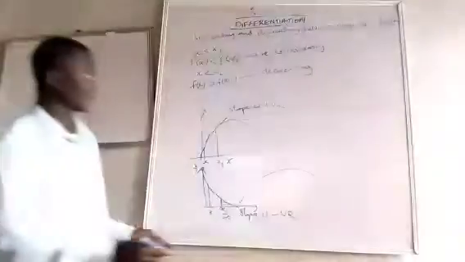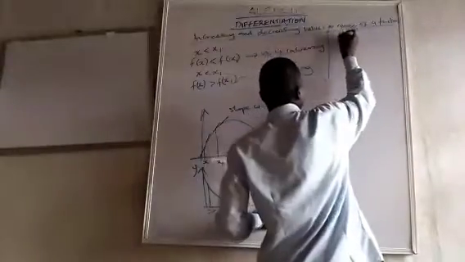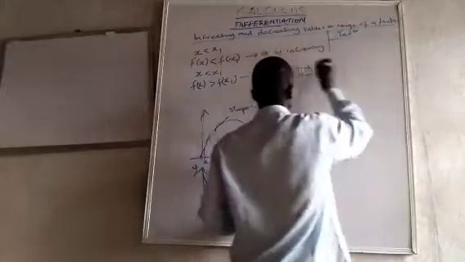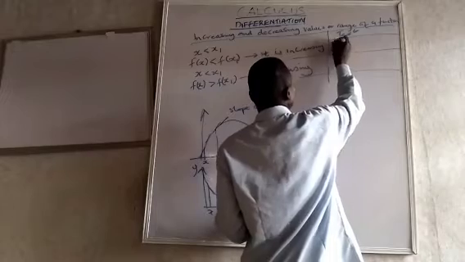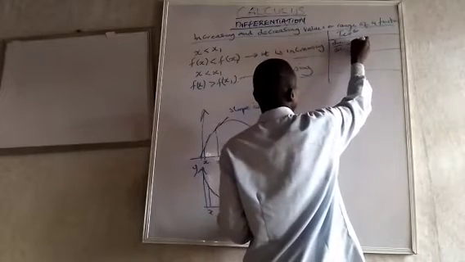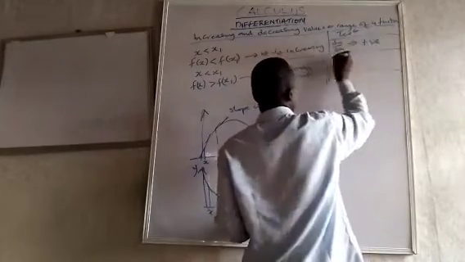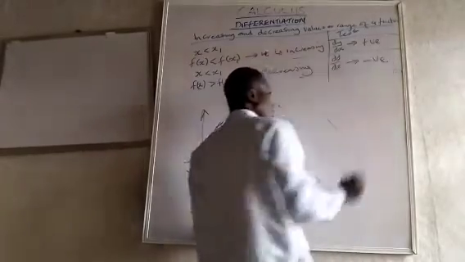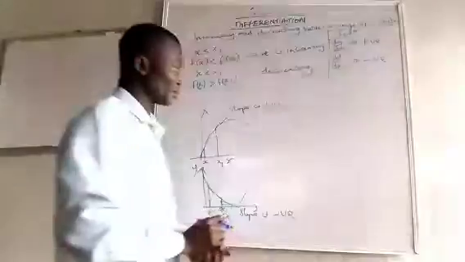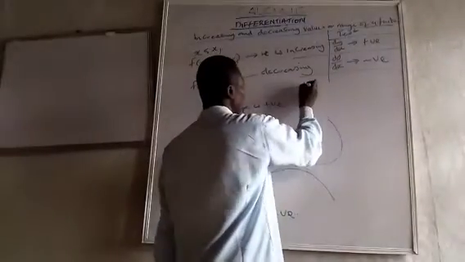The real test for increasing or decreasing function is, for this place, dy/dx is positive. For this place, dy/dx is negative. The only thing you need to do is, once we have the function, we differentiate the function.